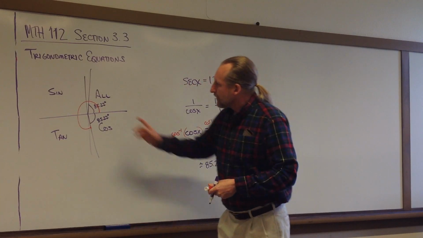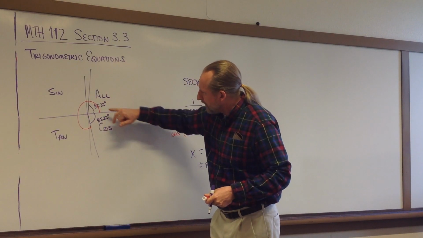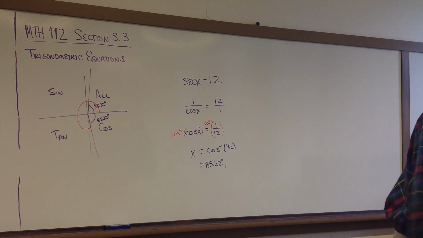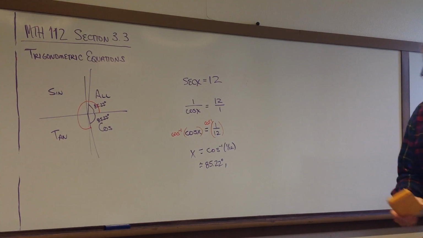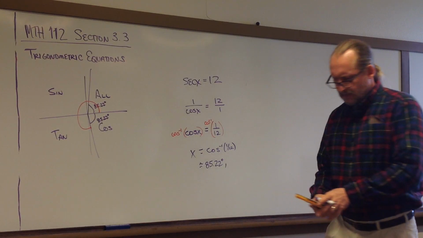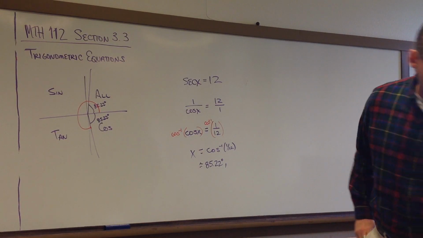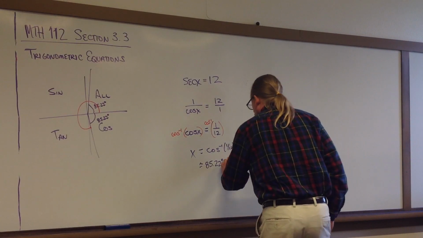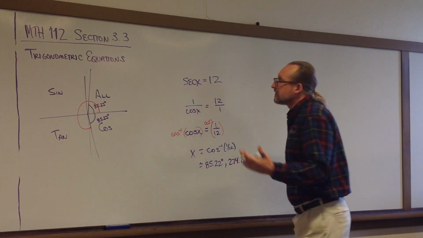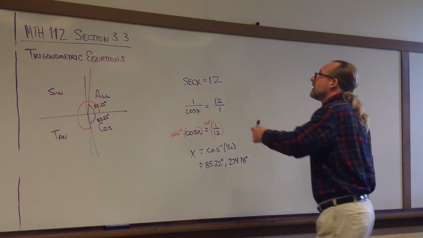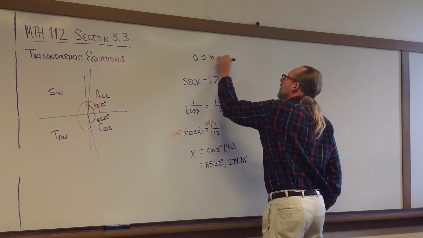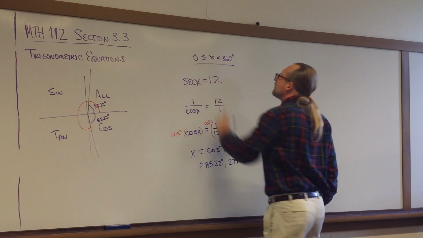So that's going to be 360 all the way around, take away the 85.22. 360 minus 85.22, 274.78 degrees.